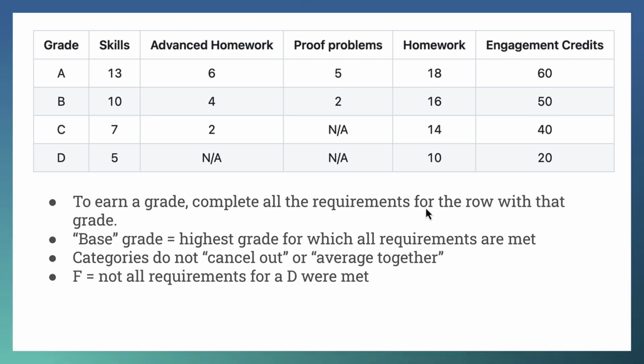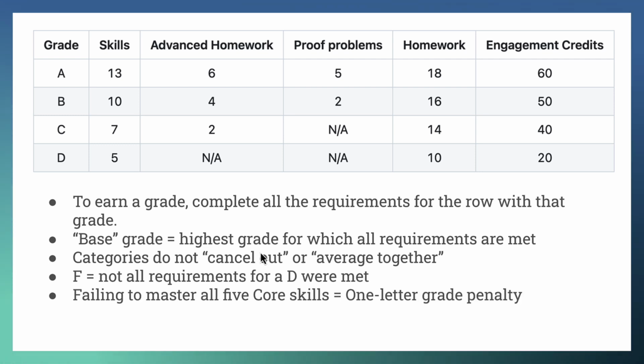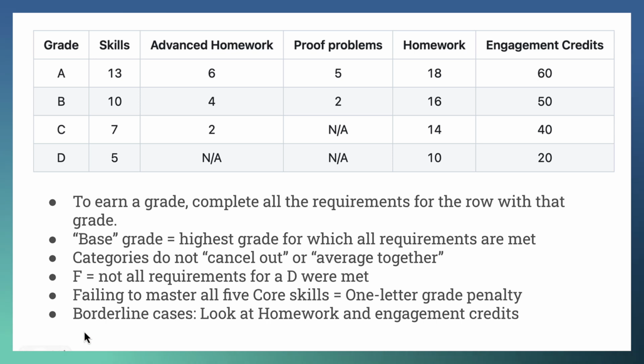A grade of F, by the way, is given if you do not meet all of the very minimal requirements for a D. Now, going back to the mixed case here, I will say that in borderline cases, for example, if a student had everything satisfied for an A except for homework, something that's really, really close, what I would do is look at the student's entire scope of work and especially focus on homework and engagement credits.